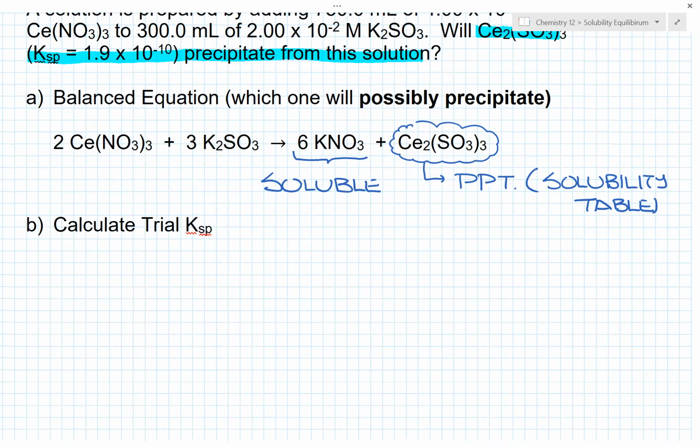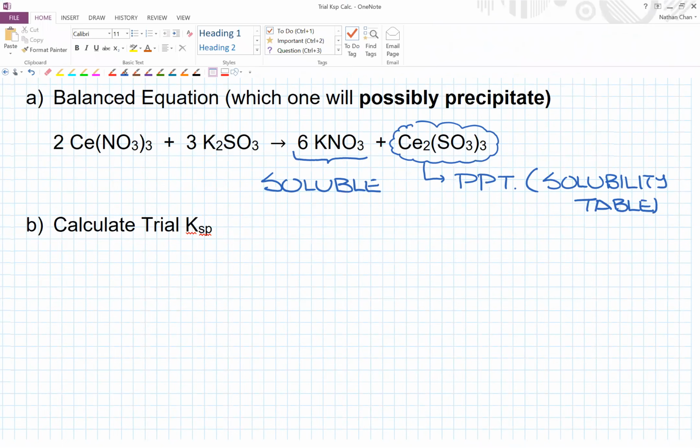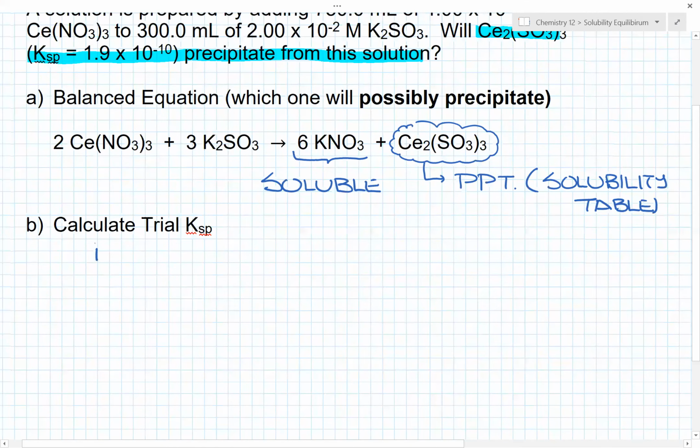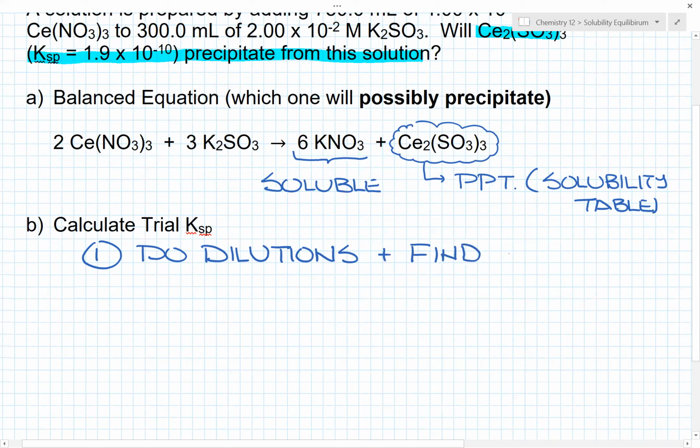So what do we do when we calculate trial KSP? The first thing we need to do is dilutions, because you are mixing the solutions together, and find the concentration of the ions.